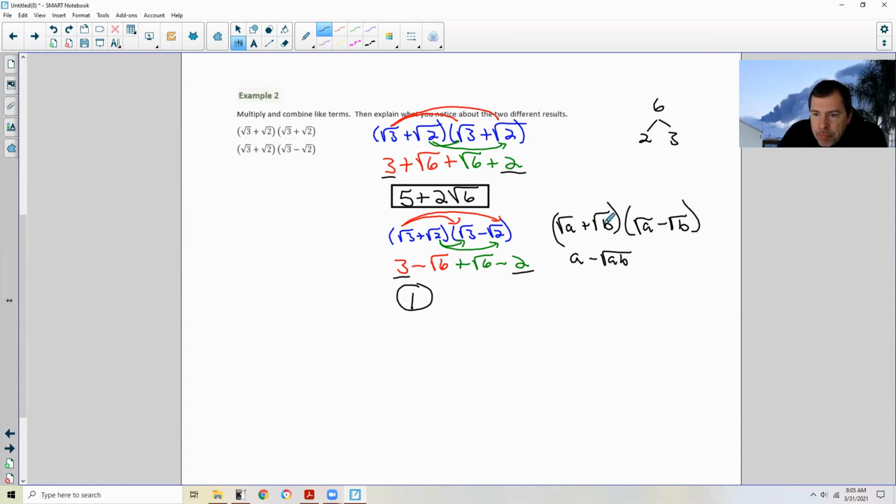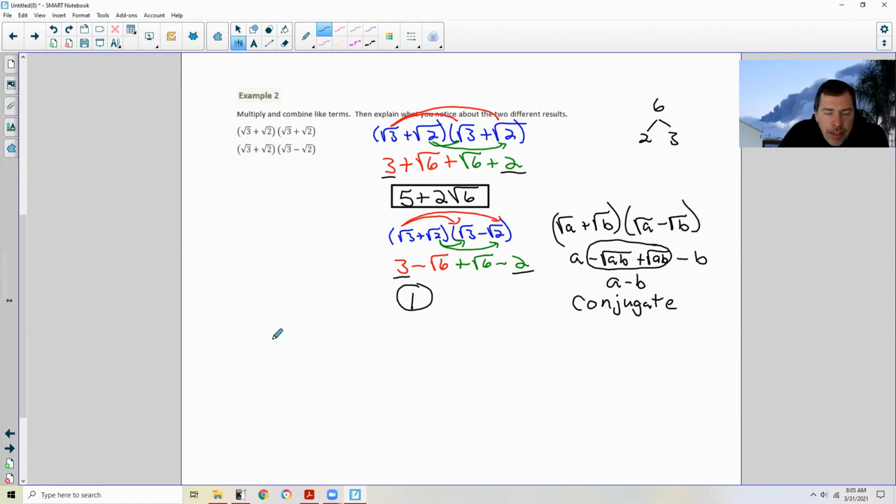And then the inside, b times a, is plus the square root of ab. And then a positive times a negative is negative, and the square root of b times the square root of b is simply b. So my radical in the middle cancels out, and I get simply a minus b, where a and b are integers, so I'm going to get an integer answer. So this is called a conjugate.